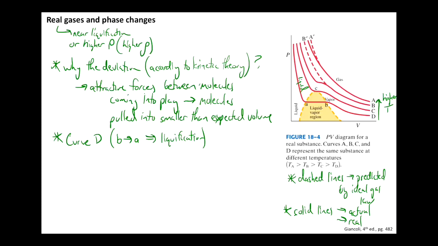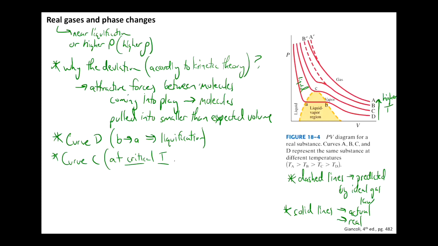Another thing that we should point out is curve C. Curve C, and especially point C on curve C. This one is at the critical temperature. This particular curve is at the critical temperature. You can see at point C, it sort of just brushes by the liquid vapor region.